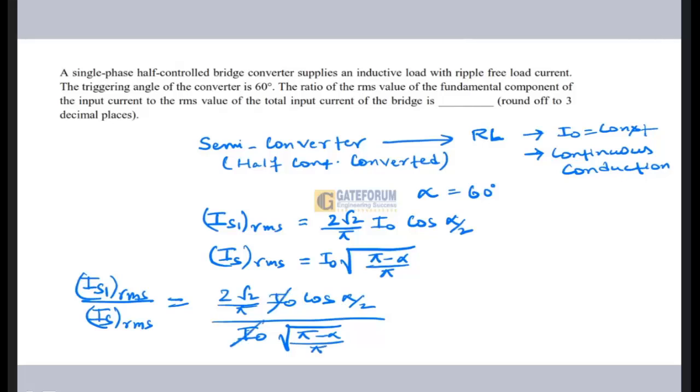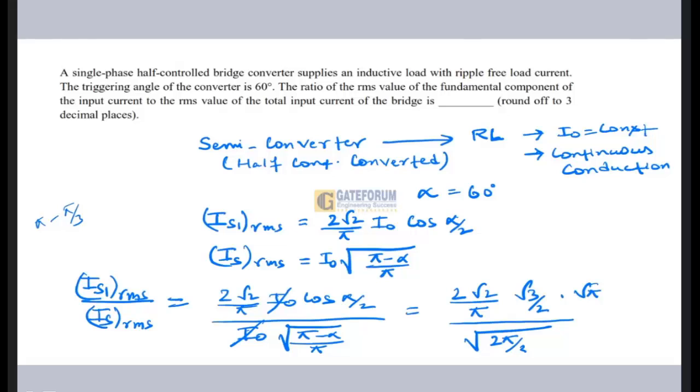I naught will get cancelled, and this will become 2 root 2 by pi cos alpha by 2, where alpha is 60 degrees. So cos 60 by 2 is cos 30. Cos 30 is root 3 by 2, and under root pi will come here, and this will become under root pi minus pi by 3. So pi minus pi by 3 will become 2 pi by 3.